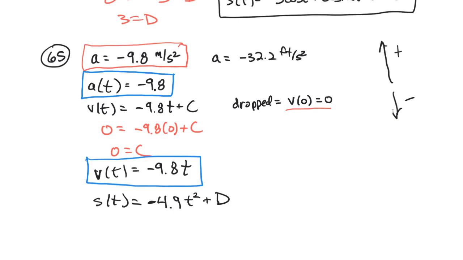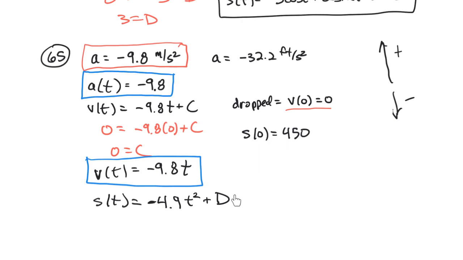And now it does say that it was dropped from a point 450 meters above ground. So we can use that. They basically told us that position at time 0 is 450, right? Because it was dropped from this deck 450 meters above the ground. So our initial position was 450 meters.